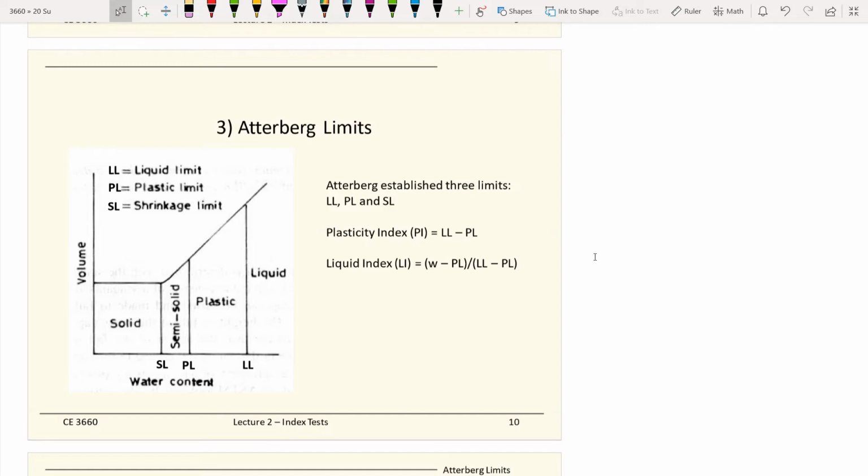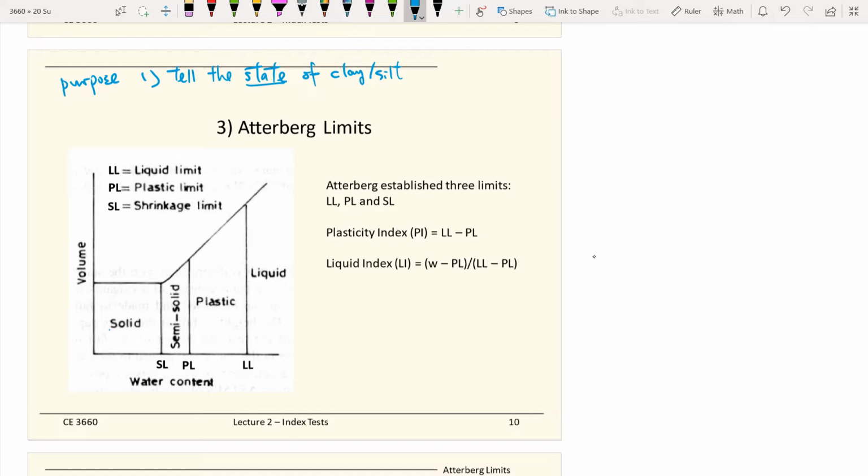It has two main purposes. The first purpose is to tell the state of the clay or the silt. When we say state, there are three states possible for clay and silt.